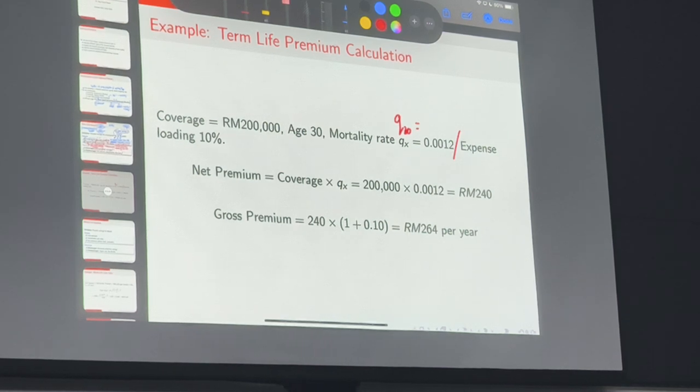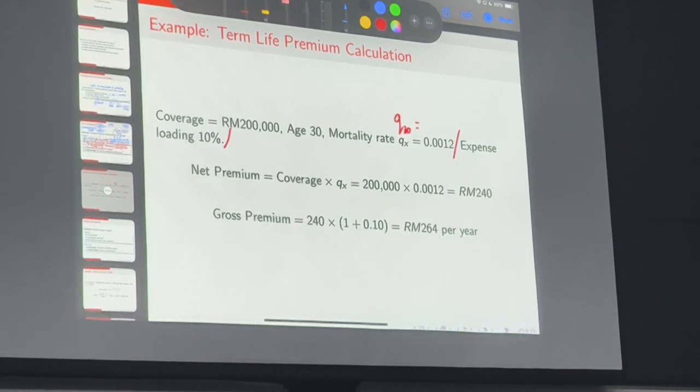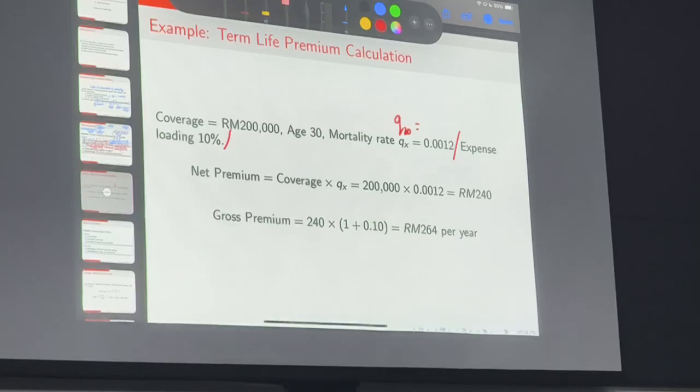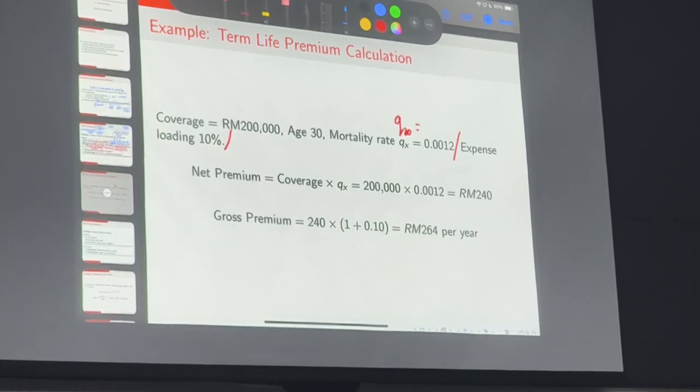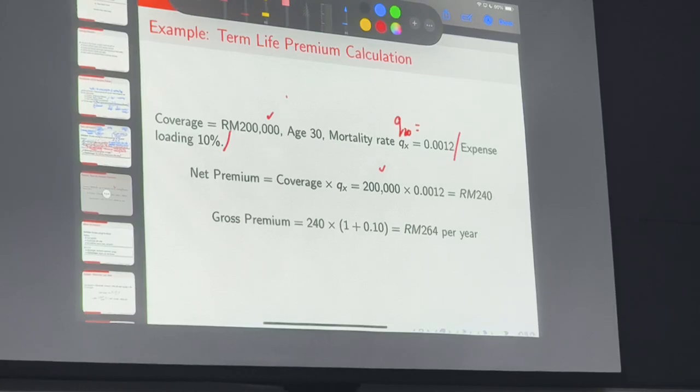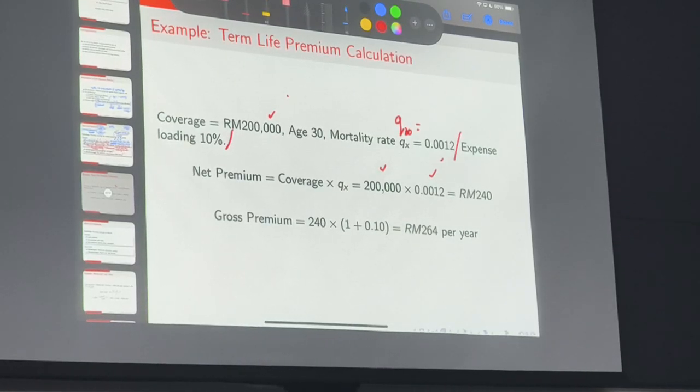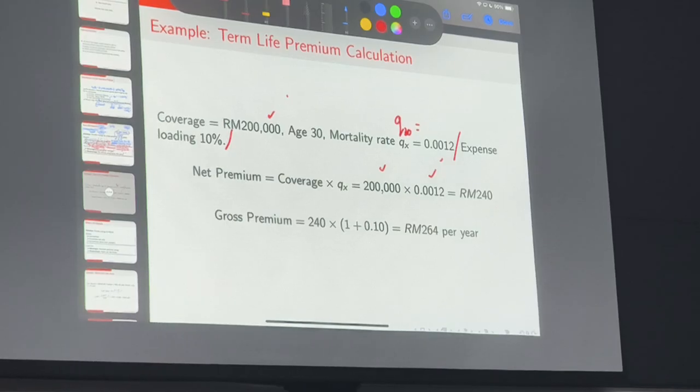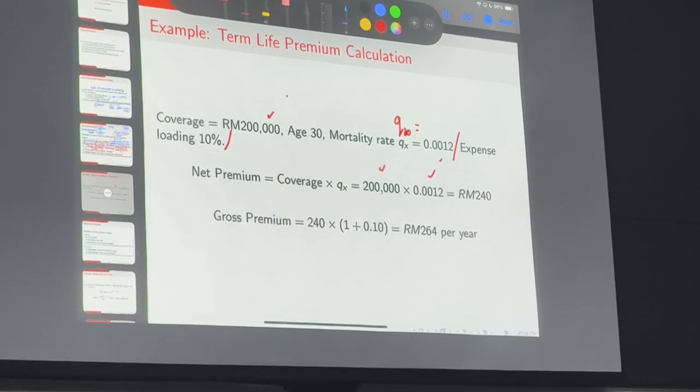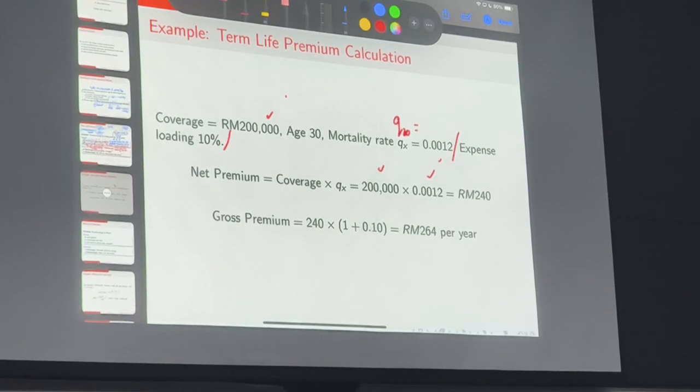Expenses loading 10%. So net premium, we have coverage times mortality rate. So 200k times 0.0012, then we have the net premium. Premium yang bersih. Net premium 240.